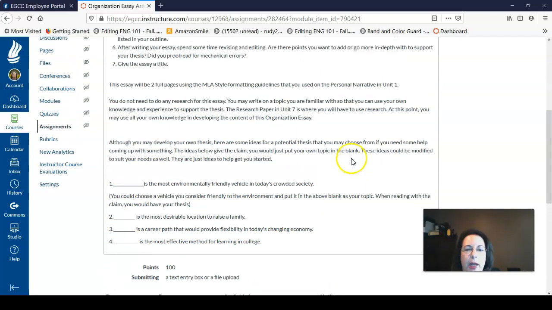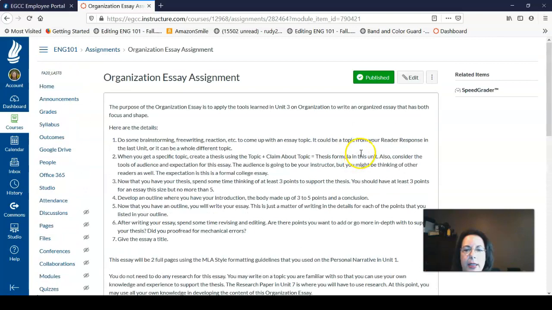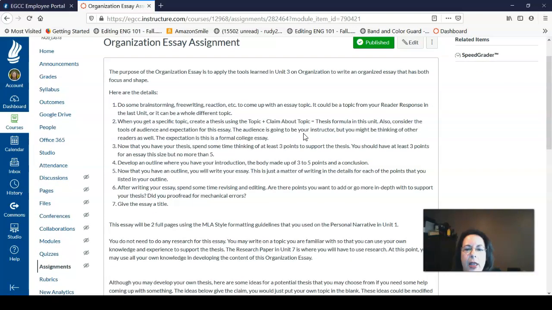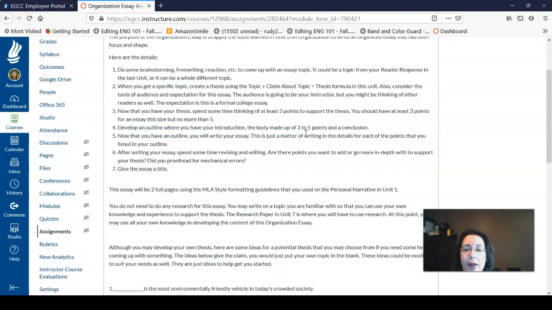Okay, and I'm going to be kind of strict on that because of what has happened in the past, and I always try and come up with things to help you write your best. What has happened in the past is people wanted to write another narrative essay or wanted to go into doing research, and this is not what this paper is about yet. Okay, so this is not going to be about yourself.